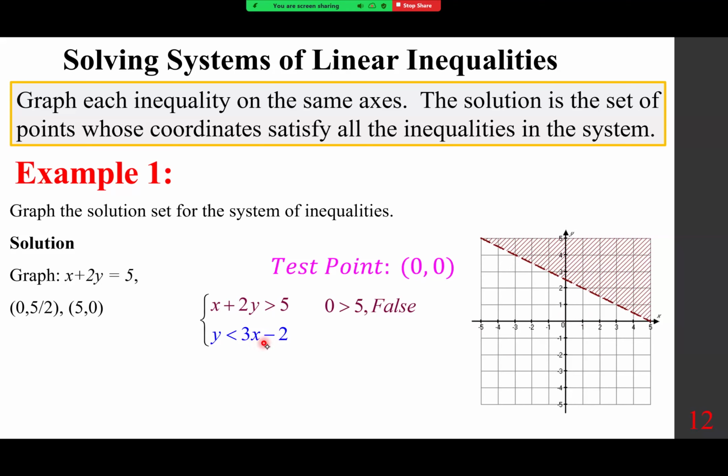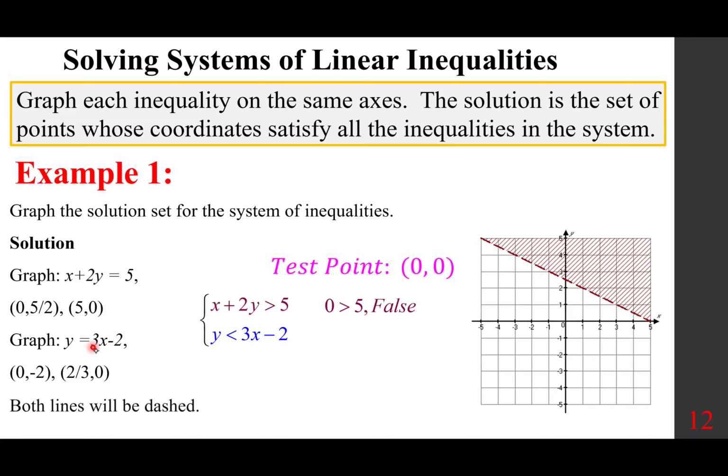We're going to do the same thing here. We're going to set this equal and find the intercepts. If x is 0, y is -2. If y is 0, you put the -2 to the other side, becomes +2, divided by 3, so (2/3, 0). And of course, you draw this line also, and this line is a dash line as well.